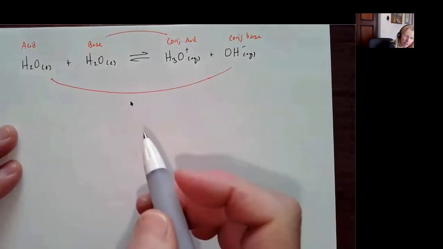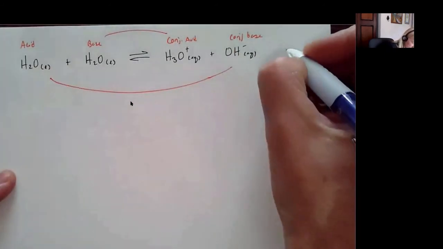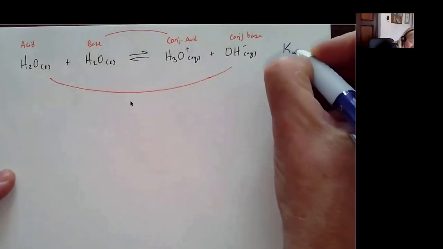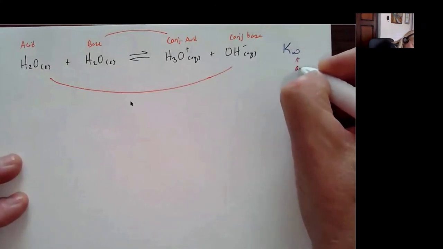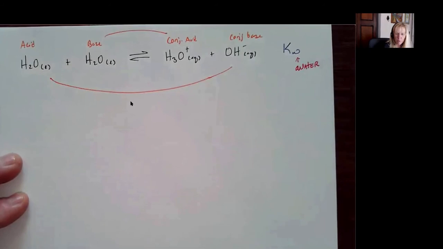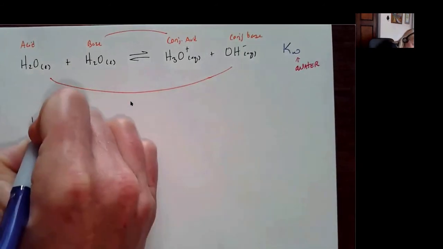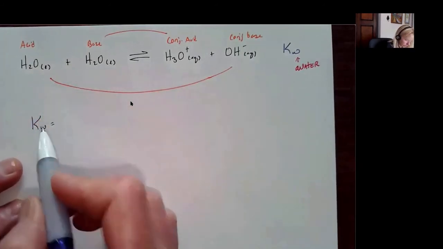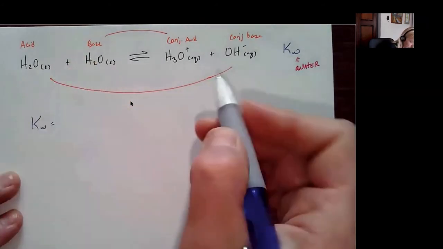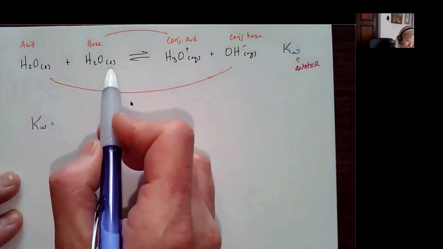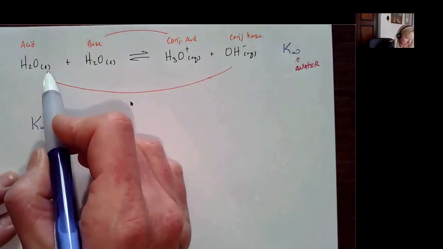And I can write a law of mass action for this. So this is an equilibrium scenario, and we're going to denote it Kw, meaning this is unique to water. So the equilibrium of pure water is Kw. I told you there was lots of little subscripts here for K. So Kw, I'm going to write my law of mass action, but my law of mass action is going to omit these that are here in the reactant side because they're in the liquid phase.